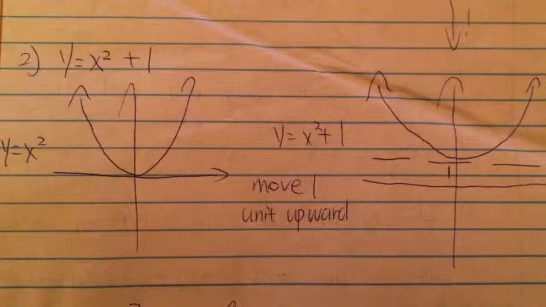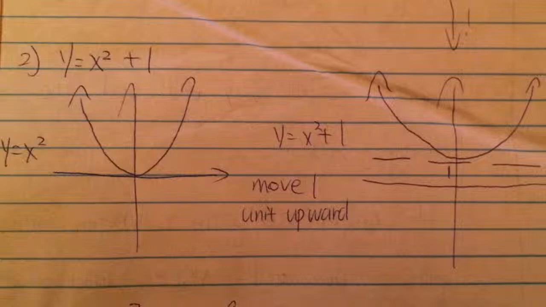The second example that I'm going to talk about is y equals x squared plus 1. To solve this equation, we need to find the original. So first, just take out the constant 1, and you will get y equals x squared as the original function. When you are trying to graph y equals x squared plus 1, the function moves 1 unit upward.